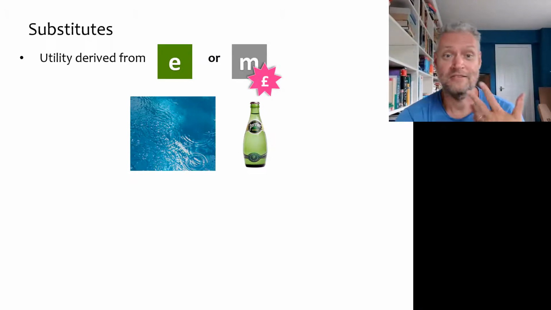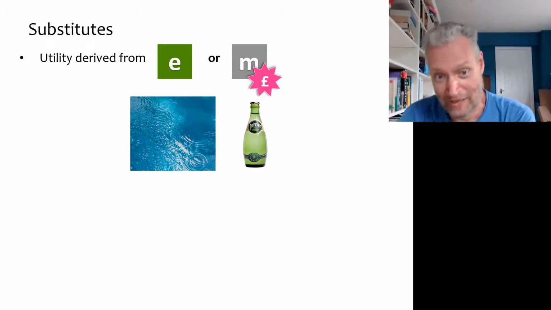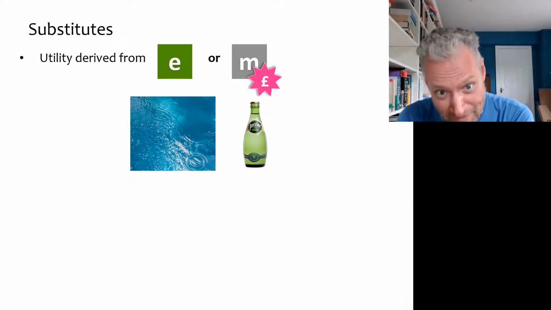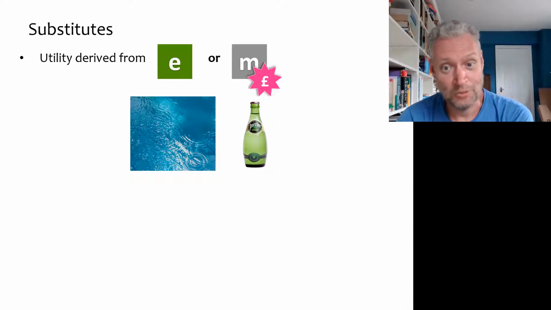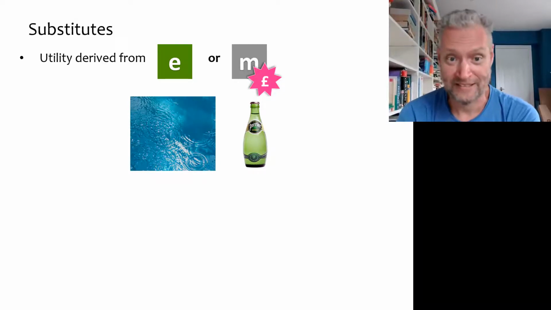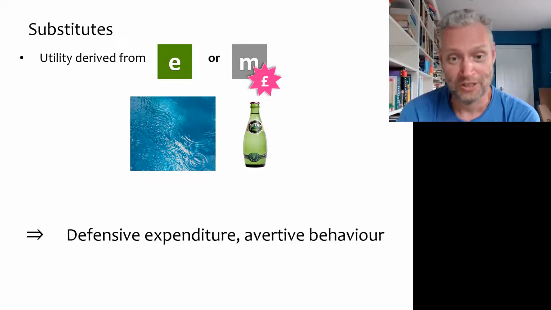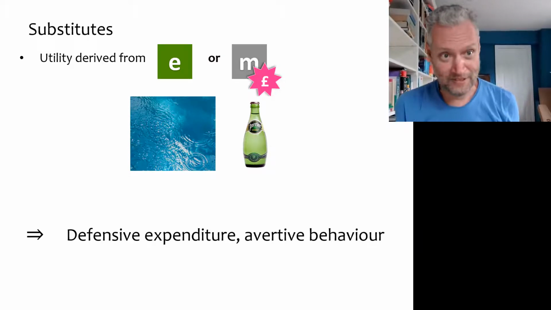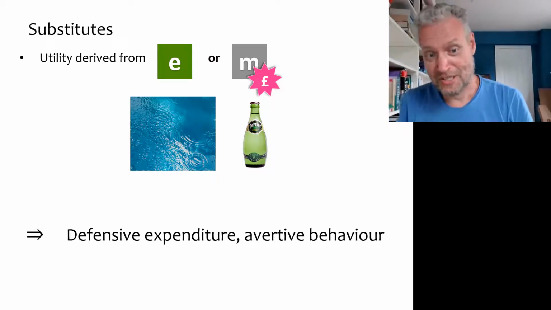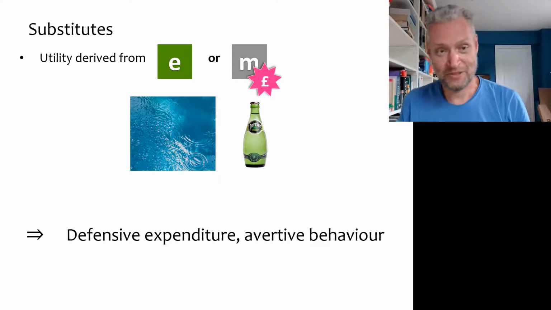If, however, the water in the stream next to your house is dirty, then you would want to switch to cleaner water because you do not want to get ill from drinking dirty water. And the method that comes with this is so-called defensive expenditure or avertive behavior.